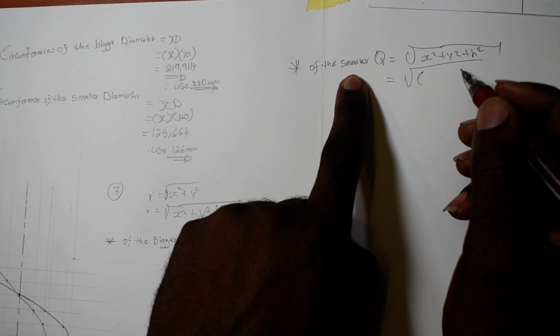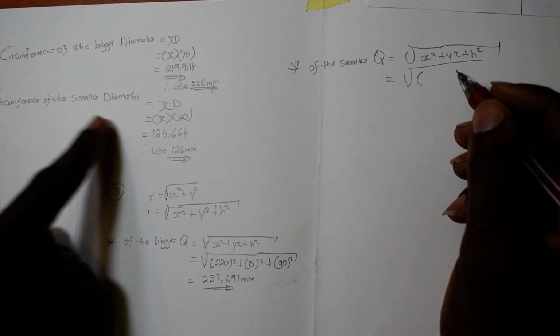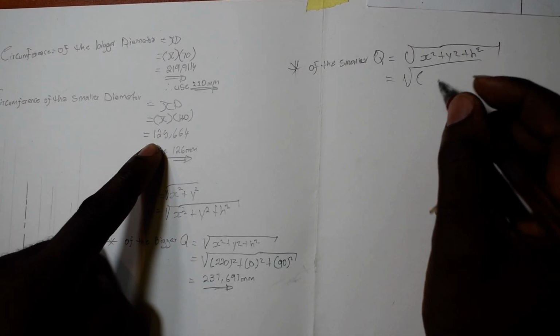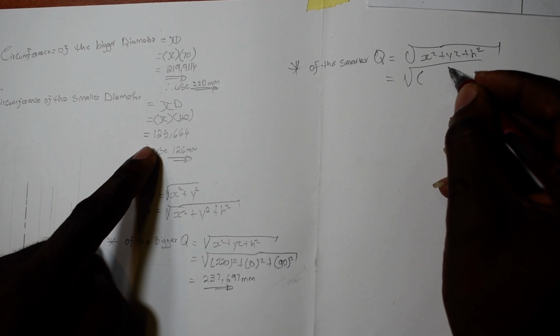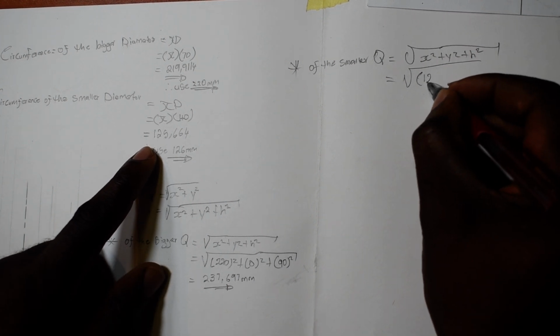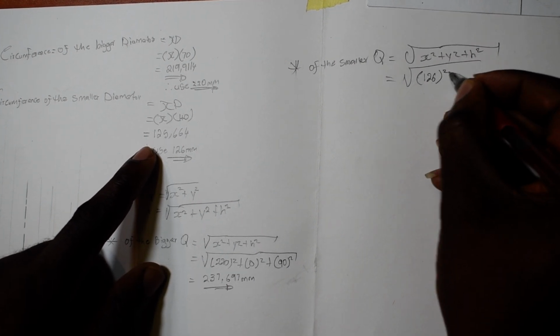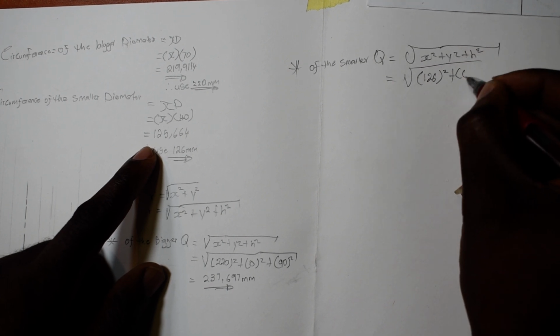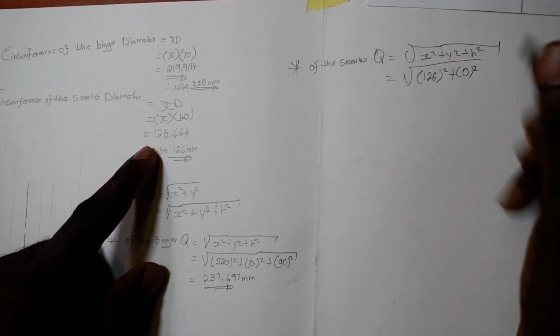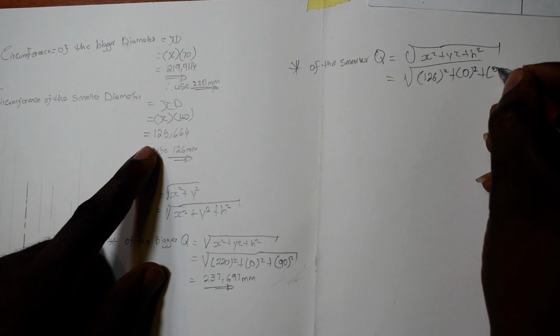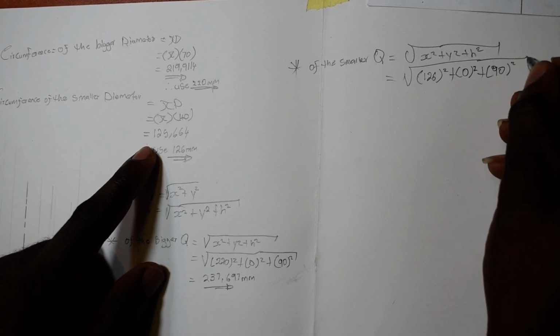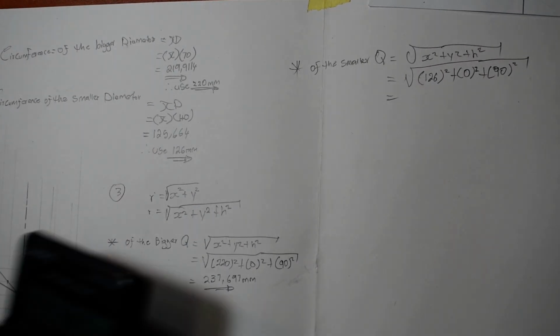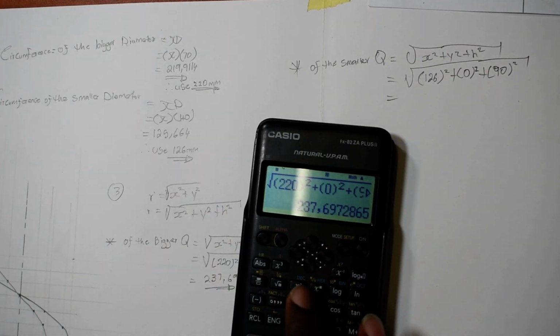The value of the smaller cycle was 126 squared. Your y is going to be 0 squared plus your 90 squared.